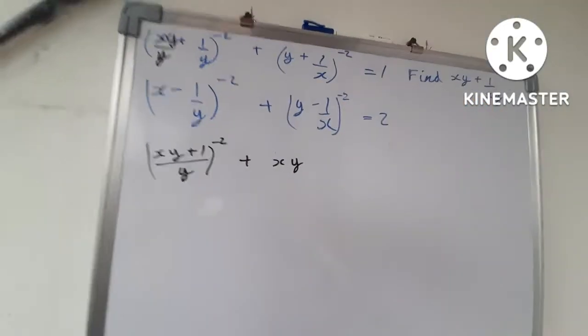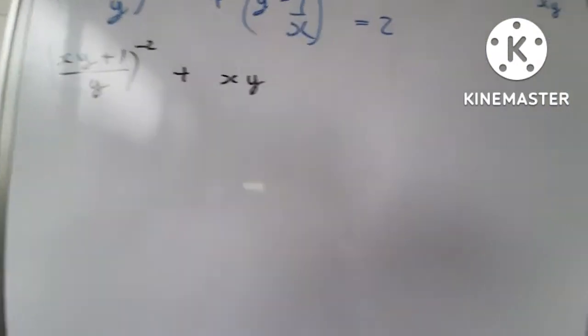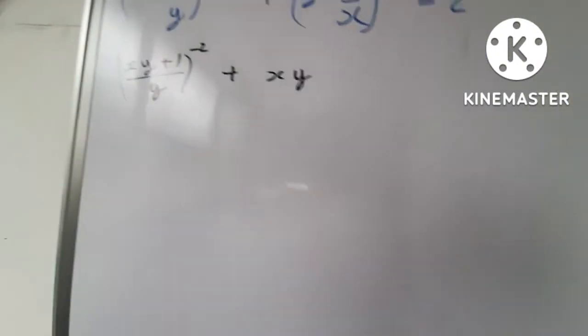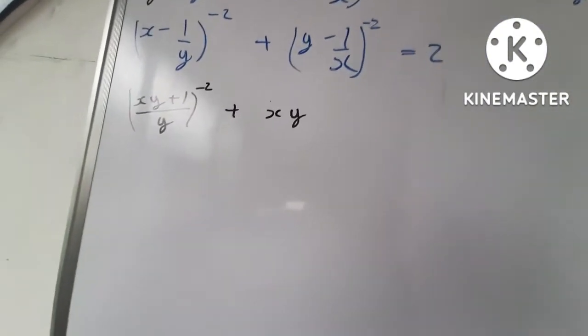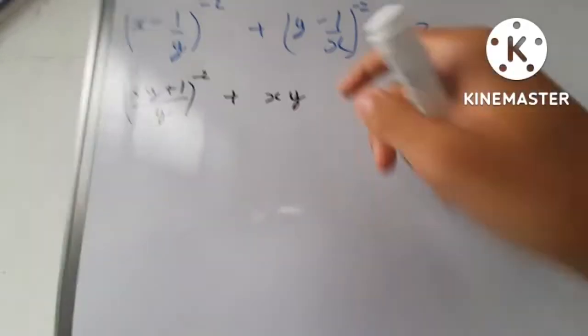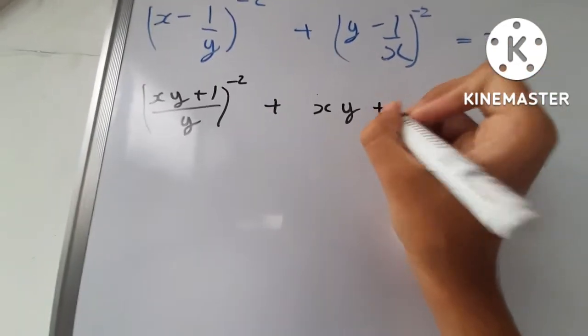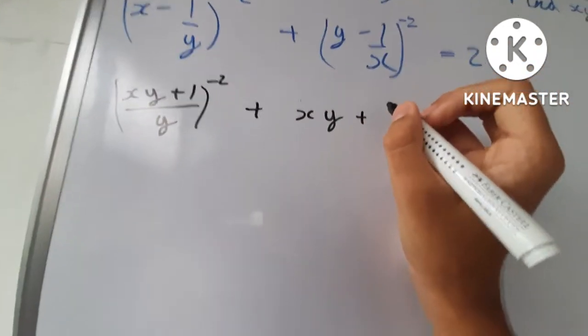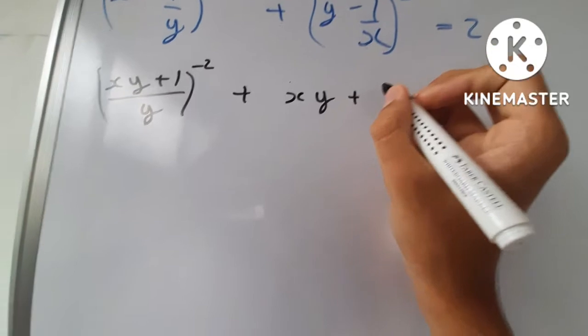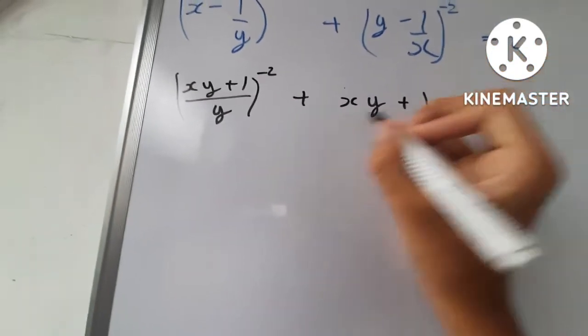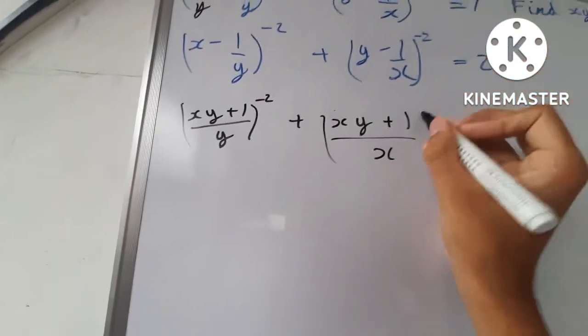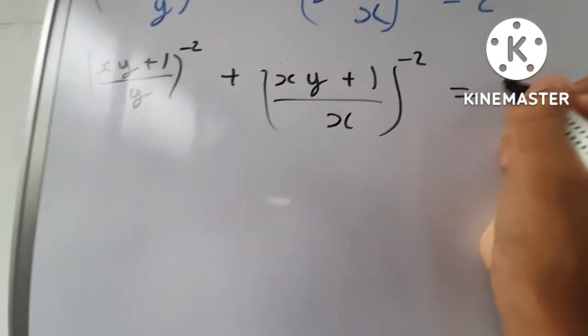Now I'm working under the reals, I assume. I'm not going to assume some weird field where multiplication is not commutative. We're just going to assume that yx is equal to xy. We're not working with matrices, sorry. Anyways, xy plus 1 upon x, the whole thing to the negative 2's power, is equal to 1.